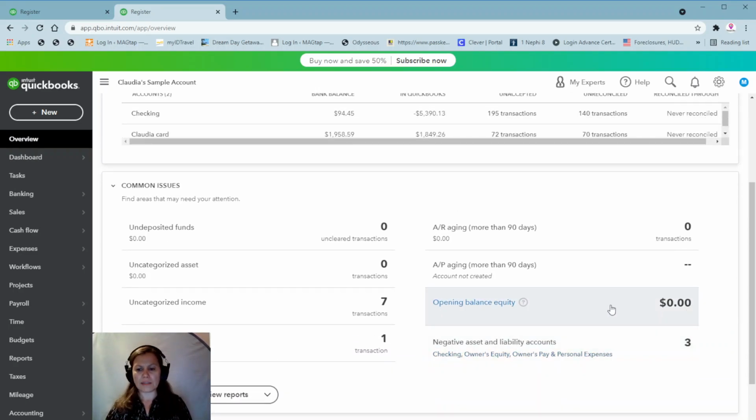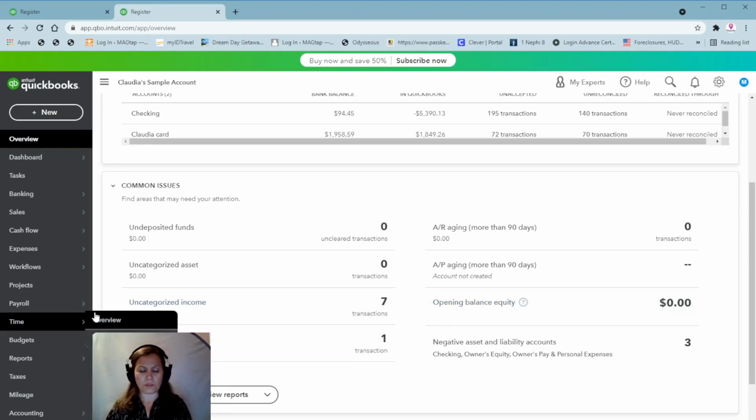Like I said, this is usually created when you enter a new credit card, or when you enter inventory in products and services and you enter a beginning balance. That's how the opening balance equity is created. But you want to zero it out.